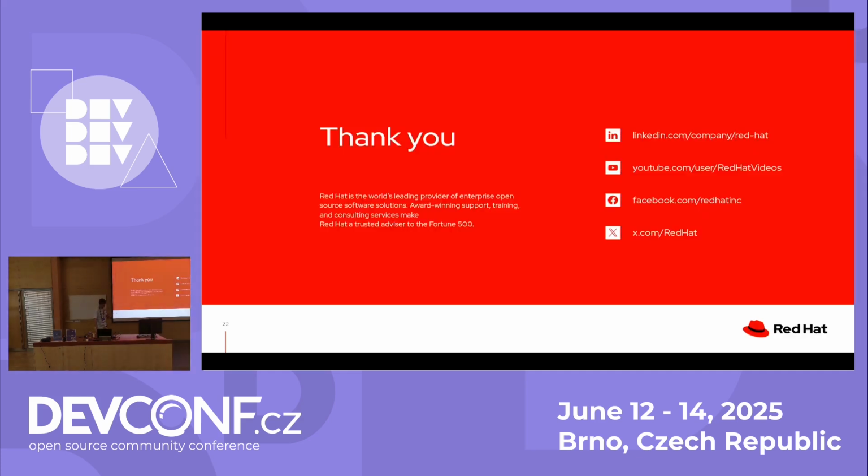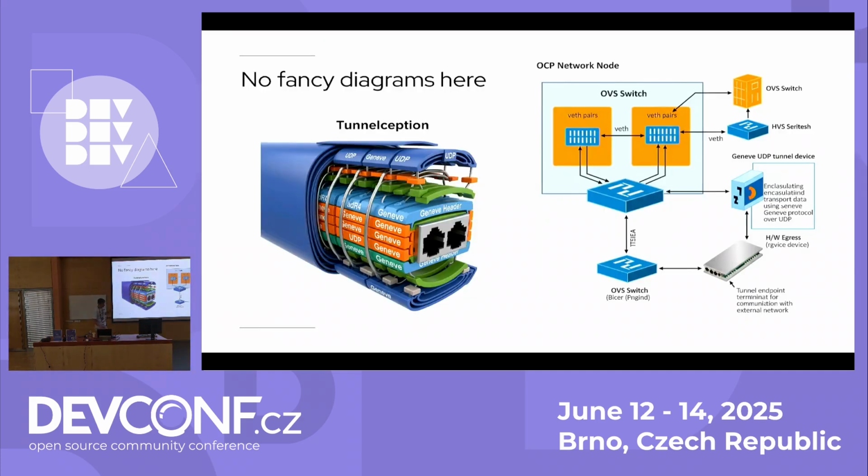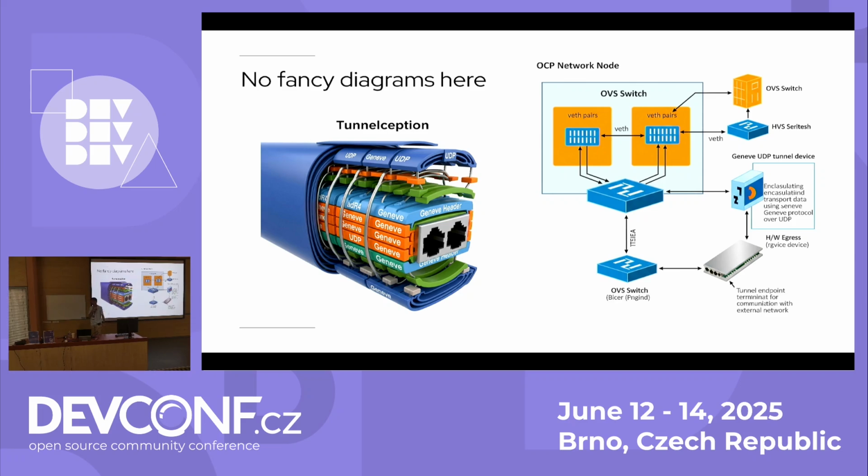Okay, that's it. I actually have a bonus slide because you have probably noticed that there were no nice diagrams in the slides, and there were no nice diagrams in the slides because I draw them myself and I can't draw well. I actually asked help from AI because you need to ask help from AI, and this is what I obtained. This should be a TCP packet with double encapsulation, as you can notice.